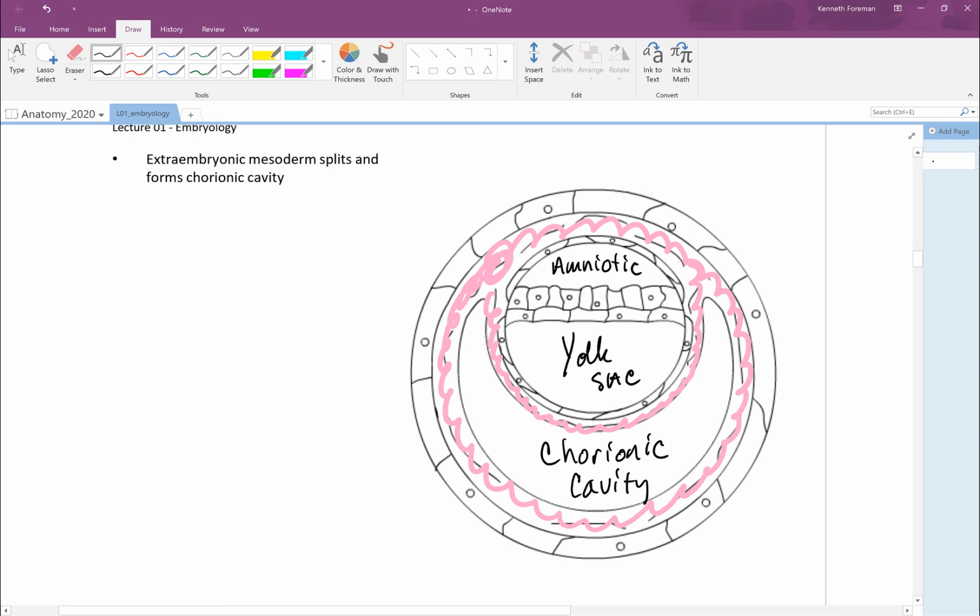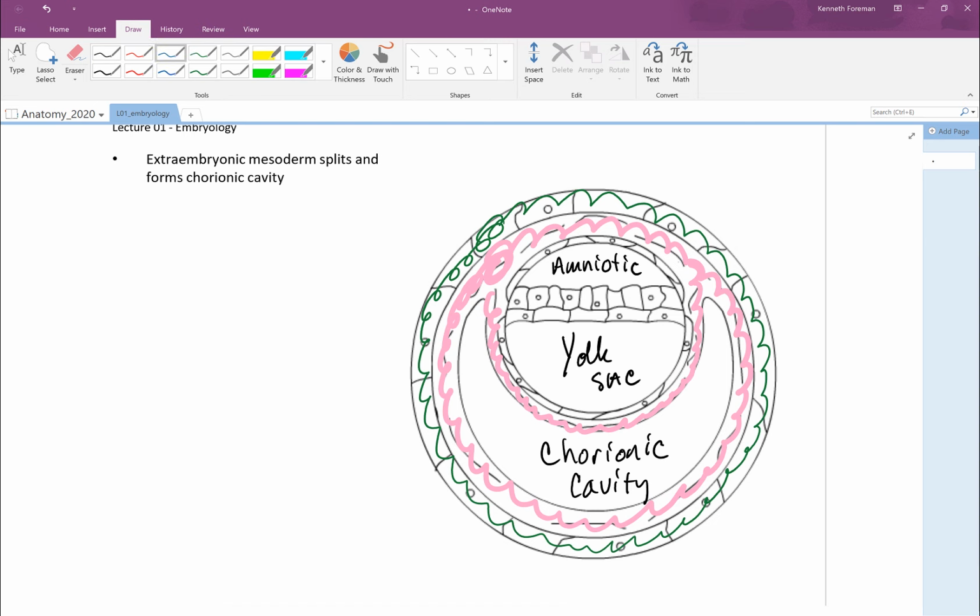Now, remember, around the outside, what do we have? We have the trophoblast. And the bilaminar disc is still considered epiblast.